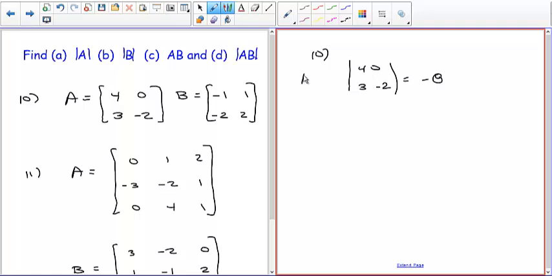So that's the determinant of A. And the determinant of B is going to be -1, 1, -2, 2. So you get -2 minus a -2, which is going to be equal to 0.